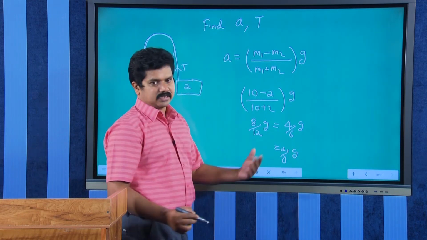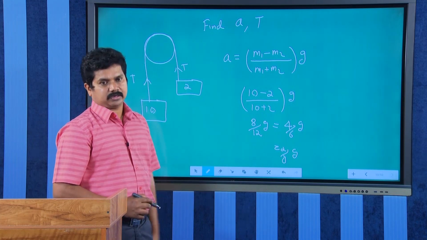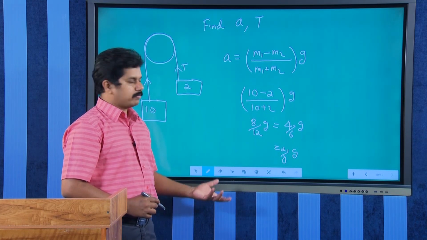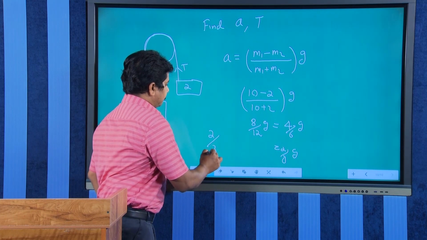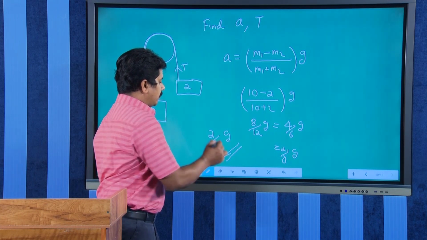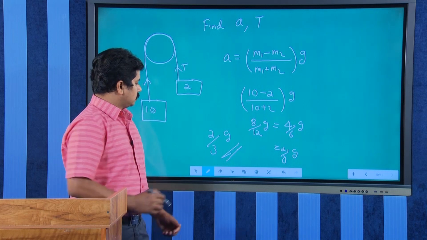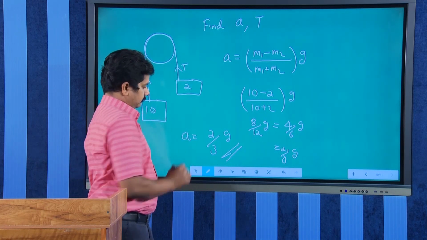If we take G as 10, we can write 20 by 3, or 9.8. So, we can express it as 2 by 3 G. So, this is the acceleration.